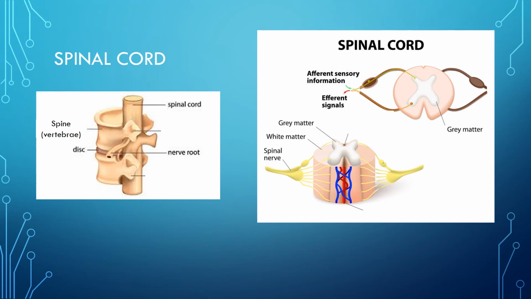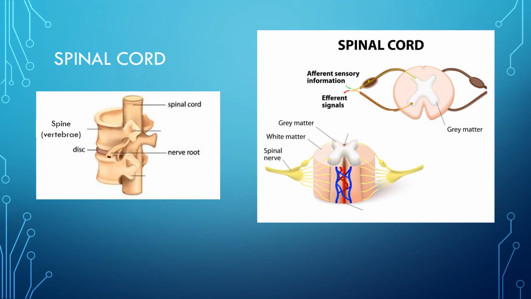So that's afferent going into the brain and efferent coming out of the brain. And where those different types of neurons enter and leave the spinal cord will depend on where the information is coming from or where the signals are going to.